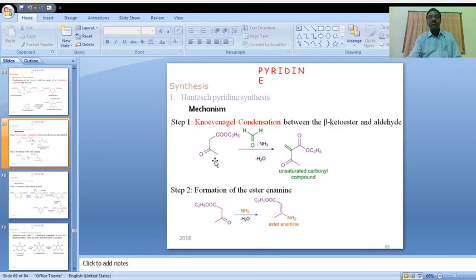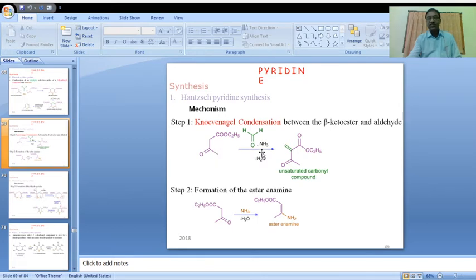The first mole of beta carbonyl compound reacts with the aldehyde, here formaldehyde. This is a condensation reaction. Beta carbonyl compound treated with formaldehyde is named the Knoevenagel condensation reaction.